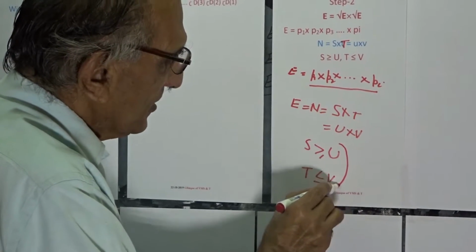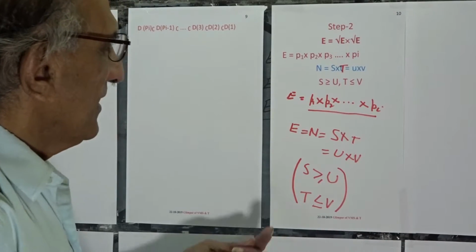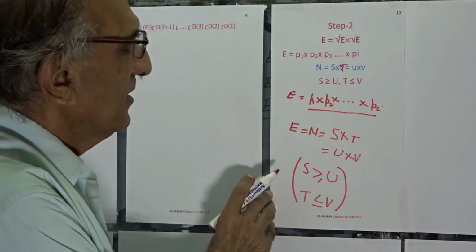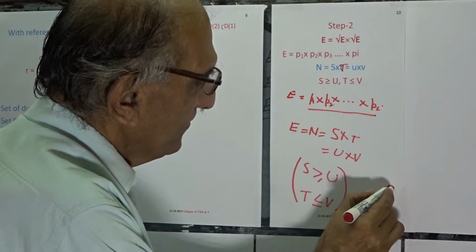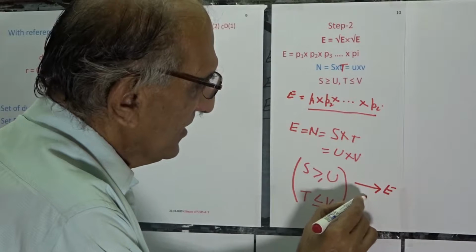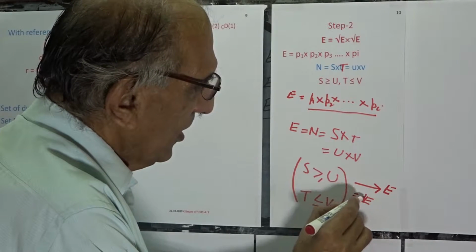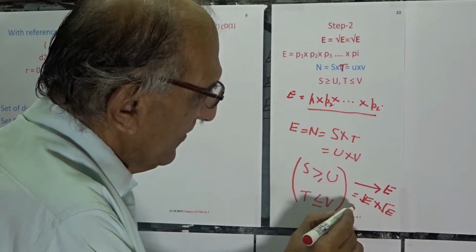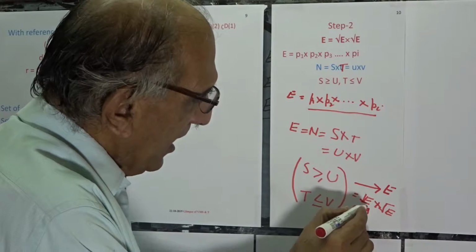It is this feature, it is this organization which will help us appreciate that to reach at the primes up till E, it will be sufficient to reach at primes under root E, as E is equal to under root E into under root E.